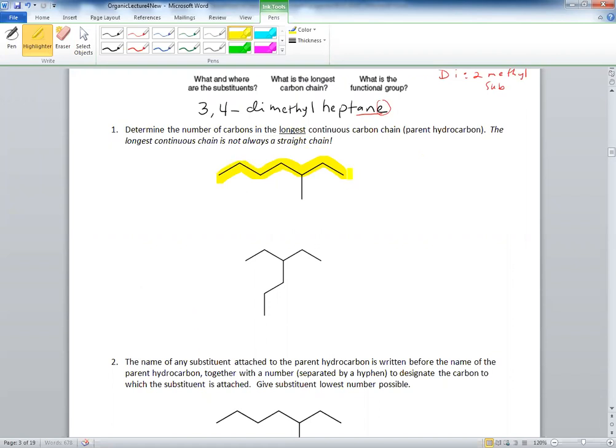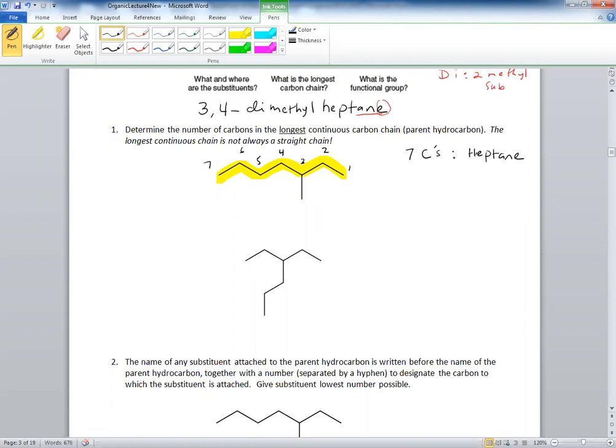And how many do we have? Remember, baby steps: you have 1, 2, 3, 4, 5, 6, and 7. So you have 7 carbons, and what is that? 7 is heptane. We'll get to this, of course, next.